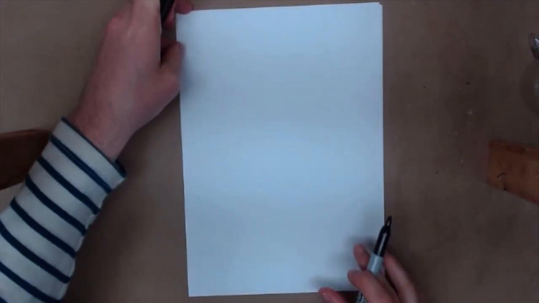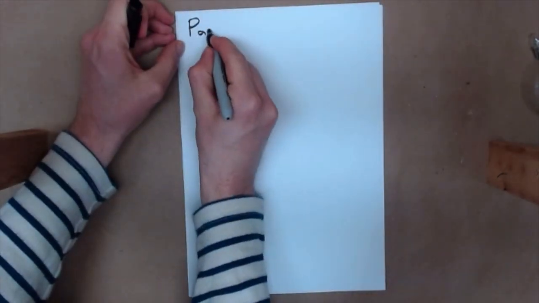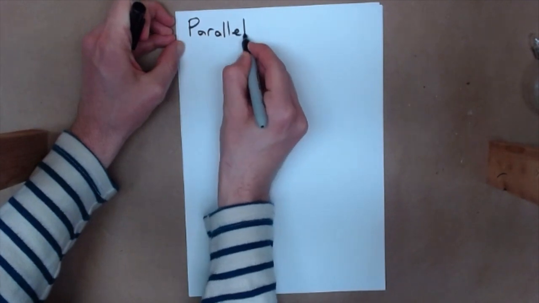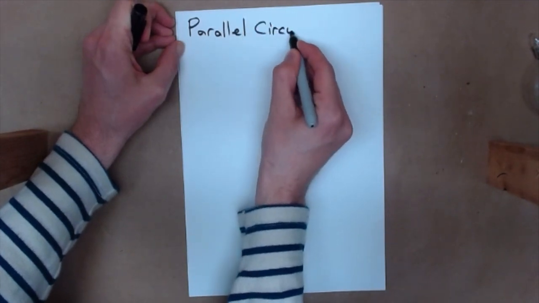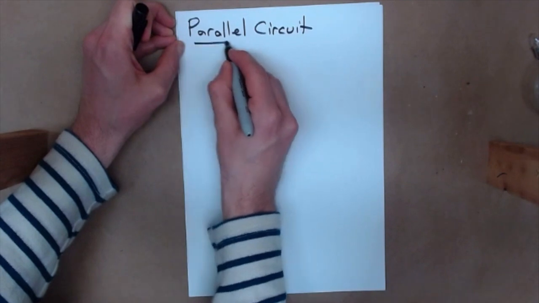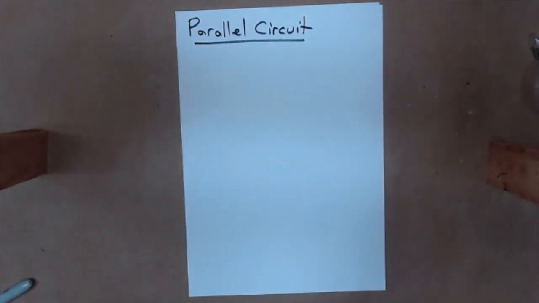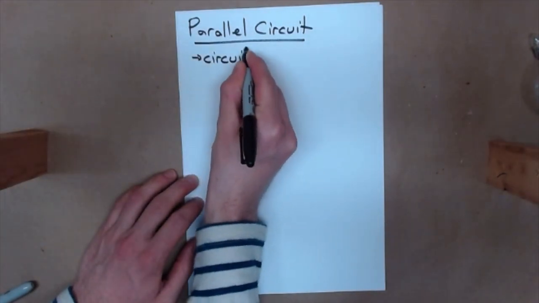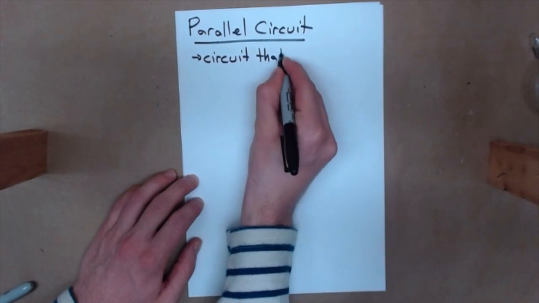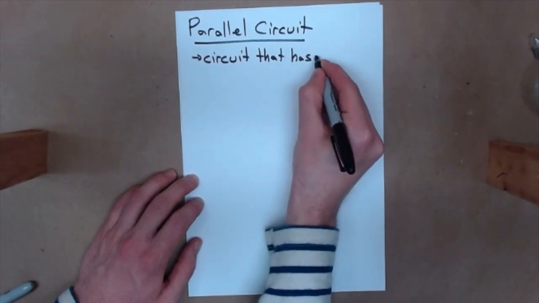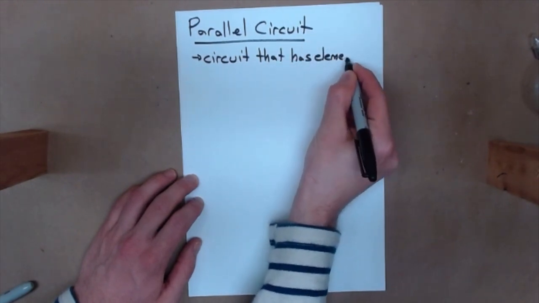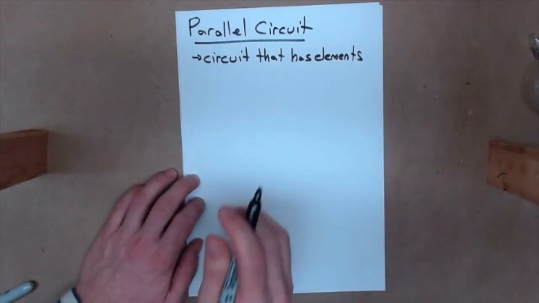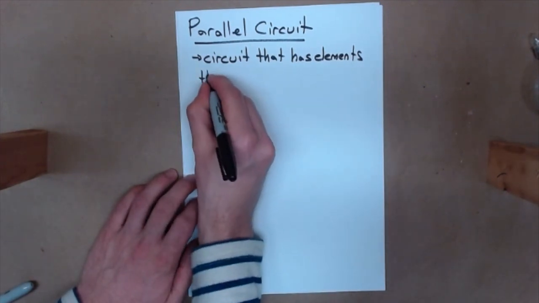Some of you may know that this type of circuit is what's referred to as a parallel circuit. Okay? Now, a parallel circuit is a circuit that has elements that branch off from each other.